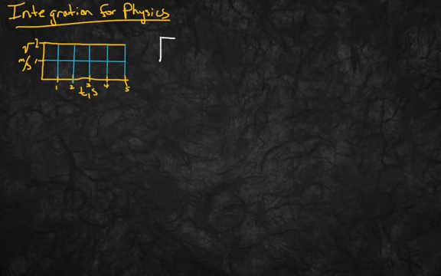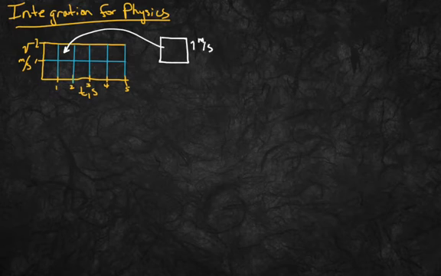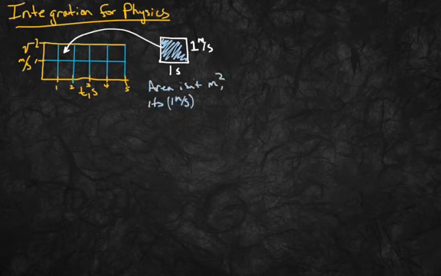And there's the boxes, and we know that one box represents 1 meter per second by 1 second, and that area isn't meters squared. It's 1 meter per second times a second, which is a meter. That area is not a classical area unit in the sense where it would be meters squared or centimeters squared or something like that. It graphically represents the units of 1 meter for a displacement.